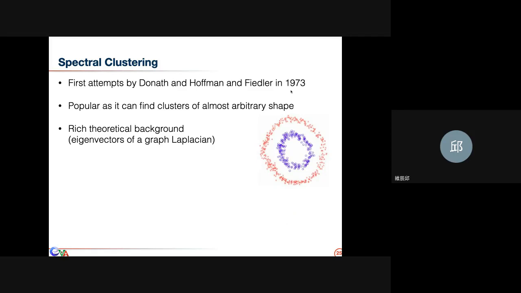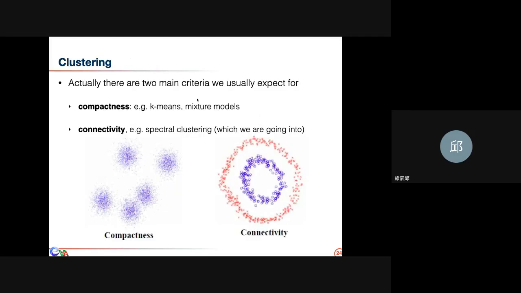This can also be told from this kind of figure, right? At that time we said the k-means algorithm can only produce clusters which might be linearly separable, right?